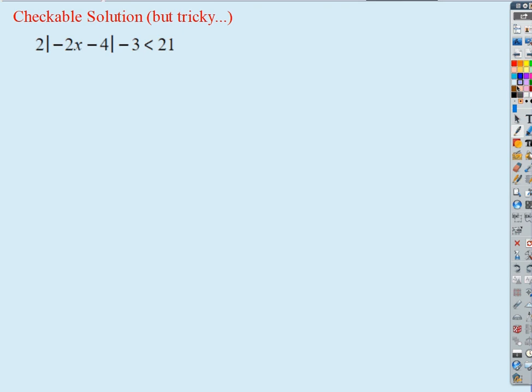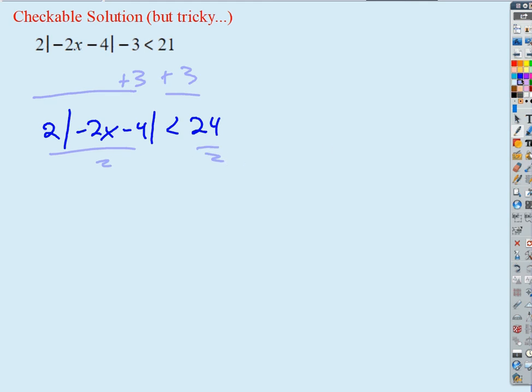Okay, so real quick, if you're following me here, if you're not, it's okay. You can work if you want to. I'm going to add 3 to both parts to isolate the absolute value. I'll divide each side by 2. And now I've isolated the absolute value, negative 2x minus 4.